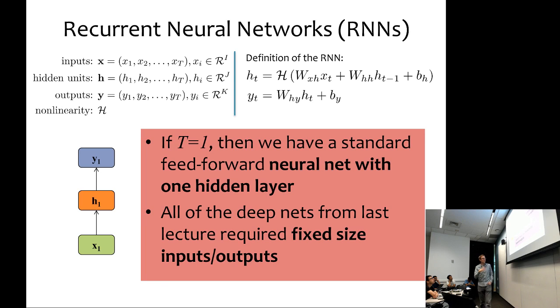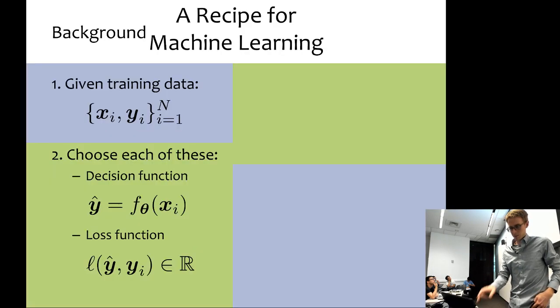And so we can see that if t is equal to 1, the total number of time steps is 1, then we really do just have that simple feed-forward neural net. And then basically, these are going to allow us to move beyond fixed size neural networks to arbitrary length inputs and outputs.